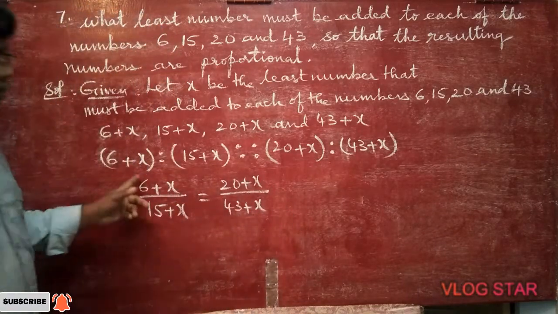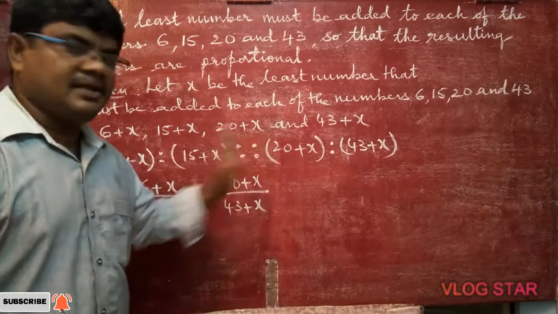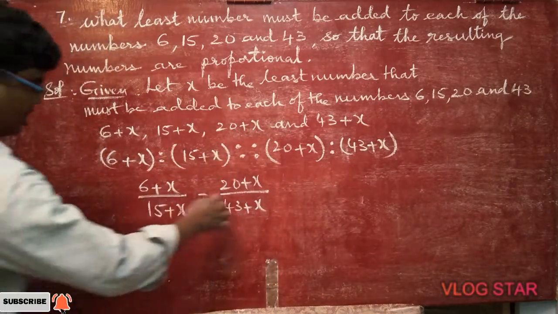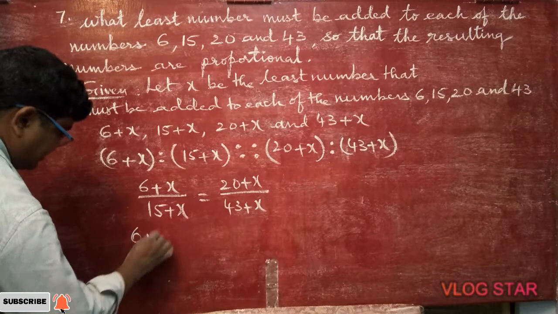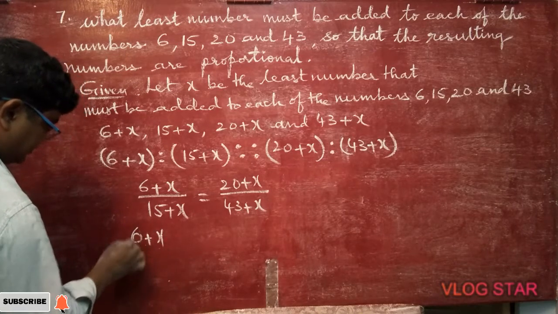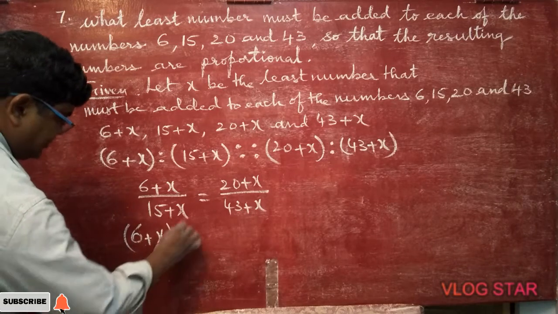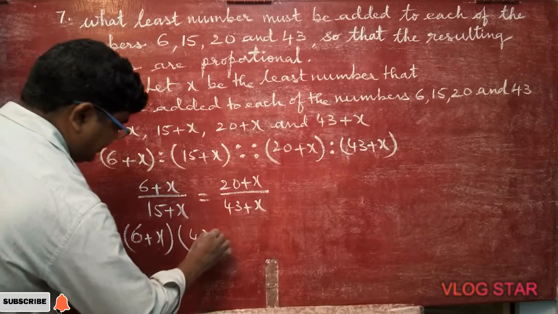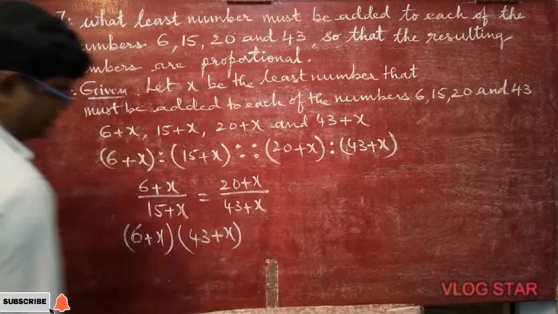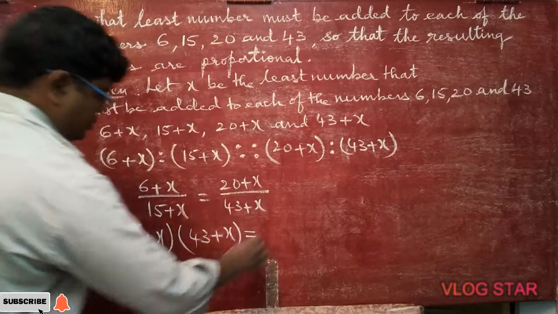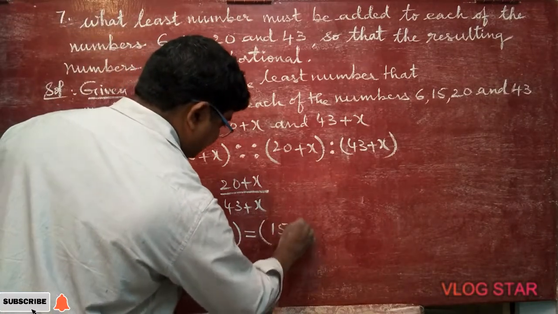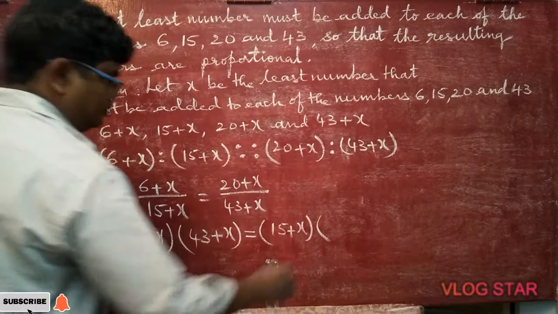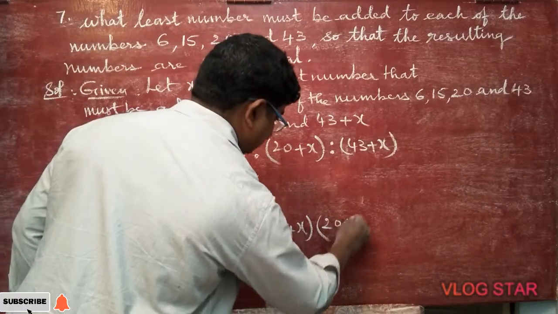Or you can do product of extremes is equal to product of means. Now do cross multiplication. 6 plus x into 43 plus x is equal to 15 plus x into 20 plus x.